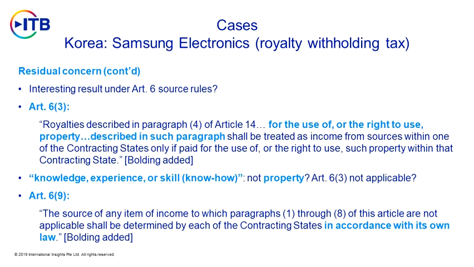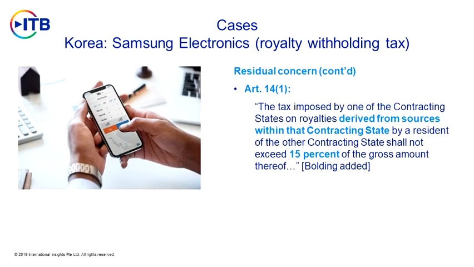Instead, I would think you would go to the residual source rule in Article 6.9, which relevantly says this: the source of any item of income to which paragraphs 1 through 8 of this article are not applicable shall be determined by each of the contracting states in accordance with its own law. Which would mean that Article 14.1 would apply after all, and a Korean 15% tax may be imposed.